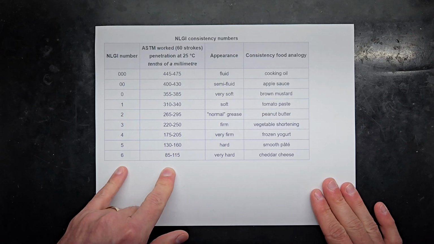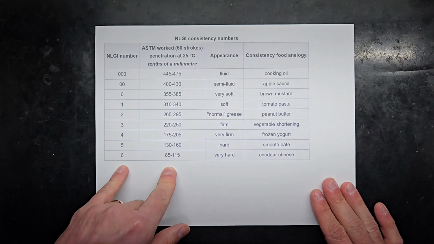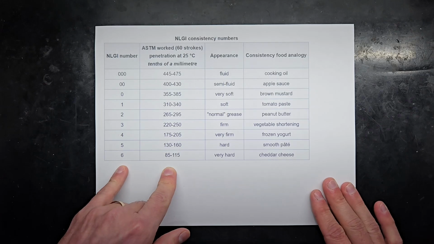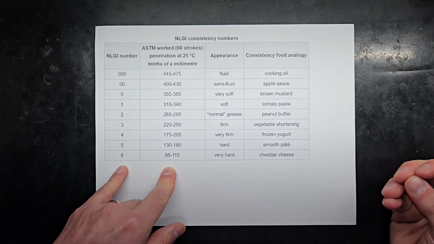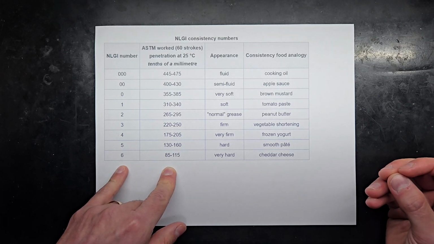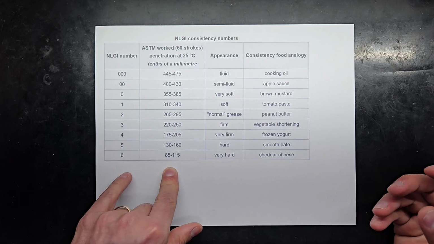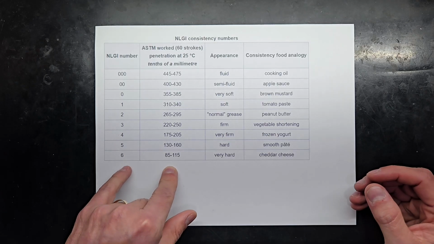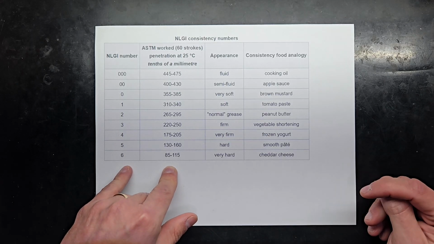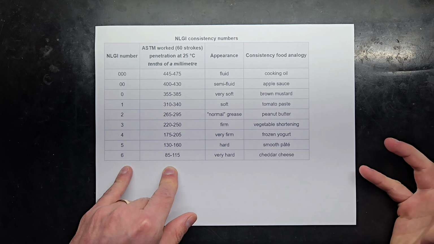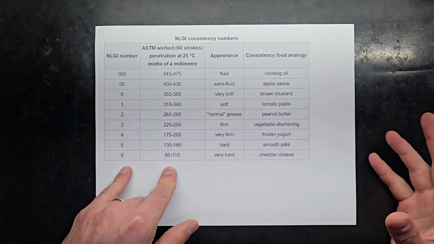We use it to describe the grease, and it's often thought about much like viscosity, how we would purchase a liquid lubricant. But it's not the same. This is not really a measure of the grease's resistance to motion or flow.